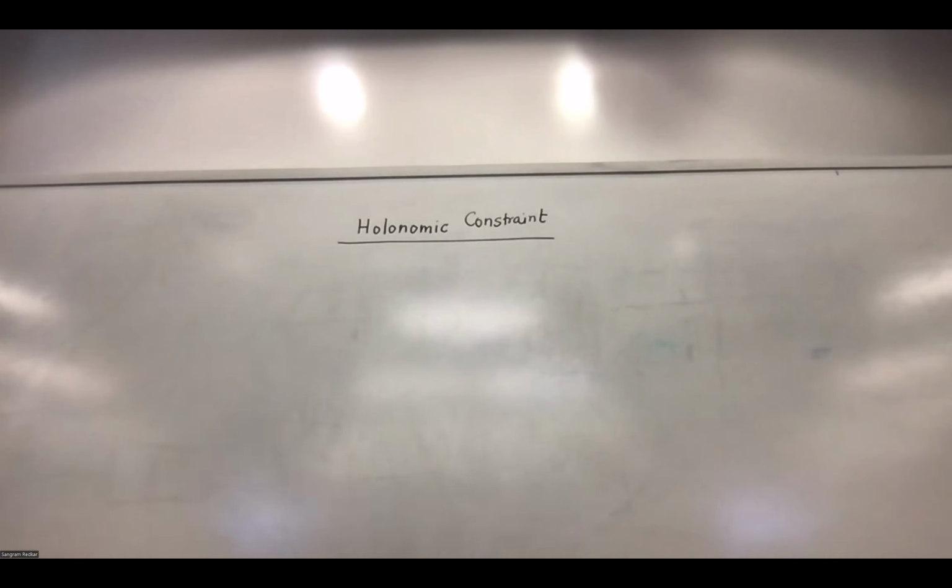I don't know. But let me explain what I mean by holonomic constraint and by non-holonomic constraint, and then I will give you the equations for autonomous ground vehicles. And then we will control our autonomous ground vehicles using PID.